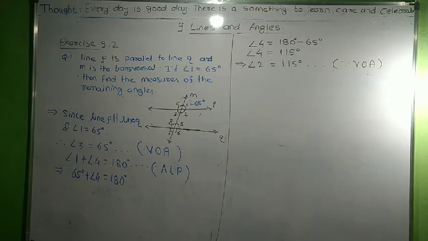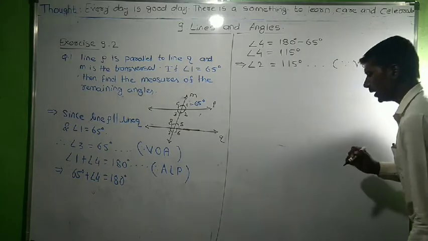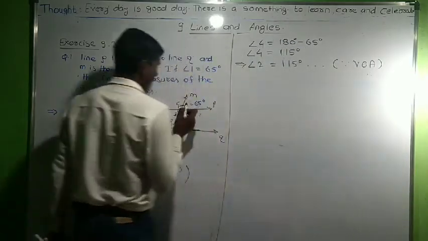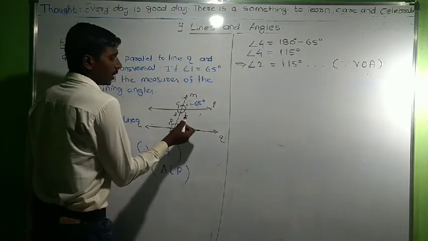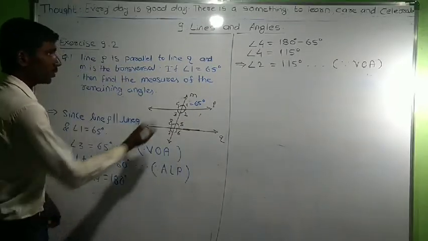I hope you understand this. Now we have calculated four angles, the upper four angles. Angle 1 is over, 2 is over, 3 is over, 4 is over.